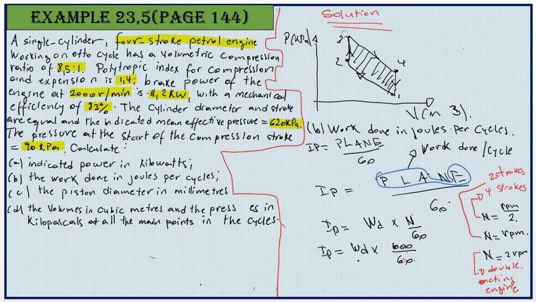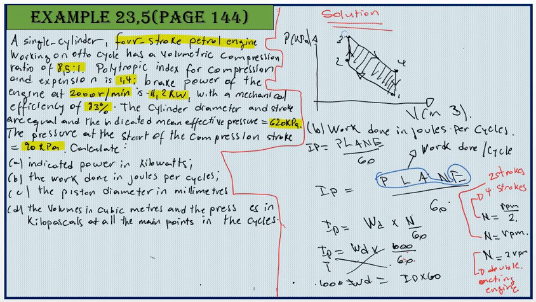To do that, we can use a simple cross multiplication. So 1000 multiplied by WD is equal to IP multiplied by 60.